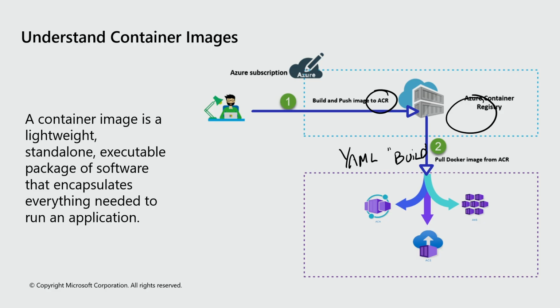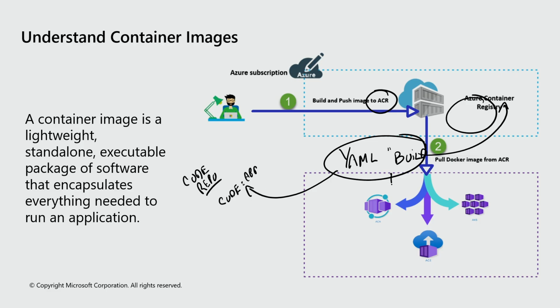It'll go to a code repository called a repo, where your code lives, which is equal to your app. And through this YAML build process, you will go grab an image, you will go get the code for the application, and you will deploy that application into a container, into a runtime environment.